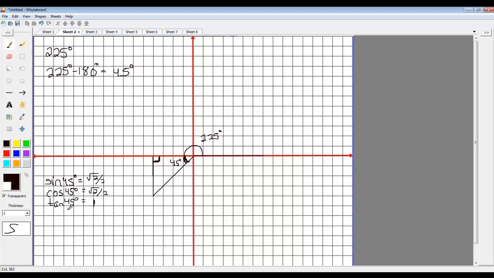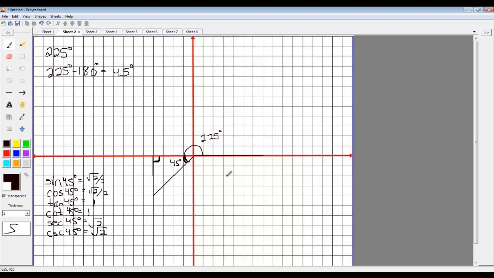We know that the cotangent of 45 is 1. We know that the secant of 45 is square root of 2. We know that the cosecant of 45 is also square root of 2. We know these values because that's some of our special angles we've talked about.